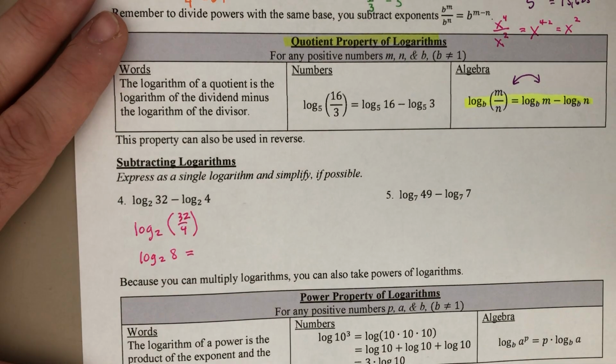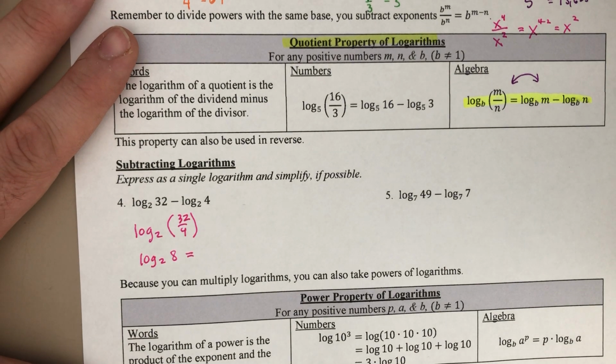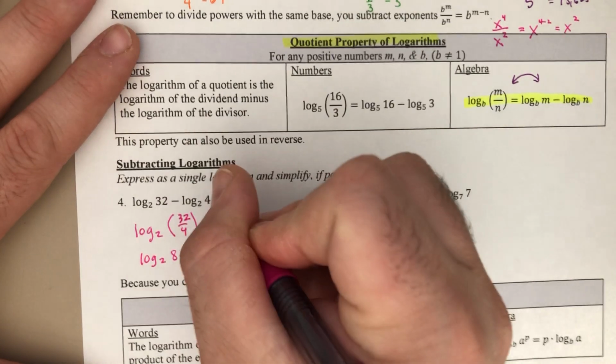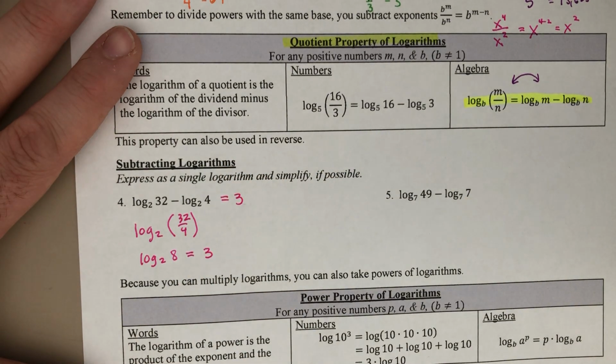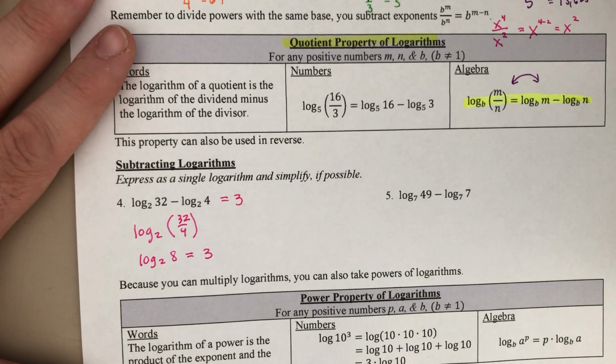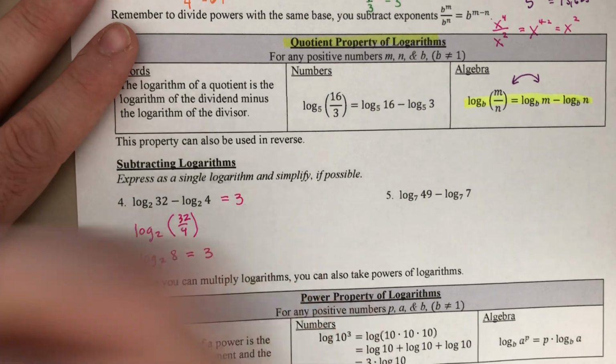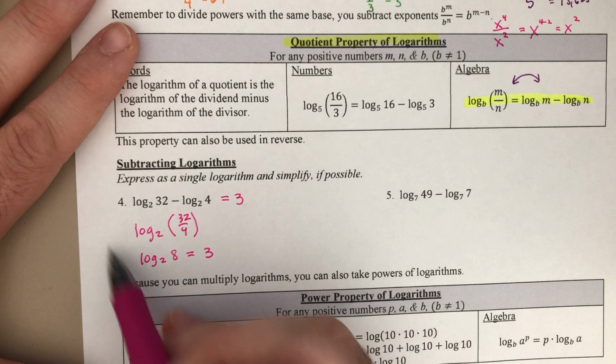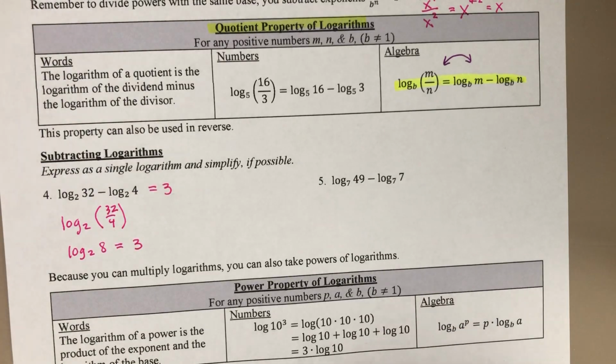And we want to know what that equals. 2 to what power is 8? That's 2 to the 3rd. Log base 2 of 8 is 3. So our subtraction up here has got to be 3 also, because these are equivalent statements.